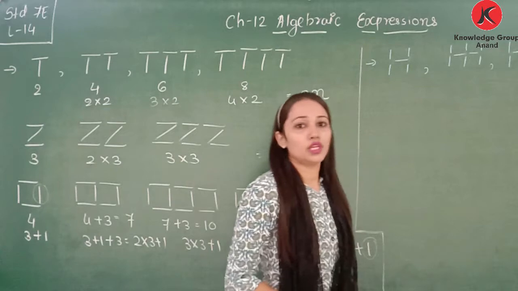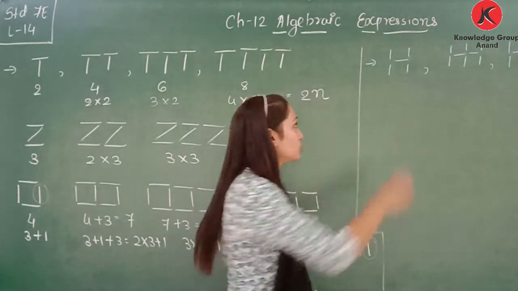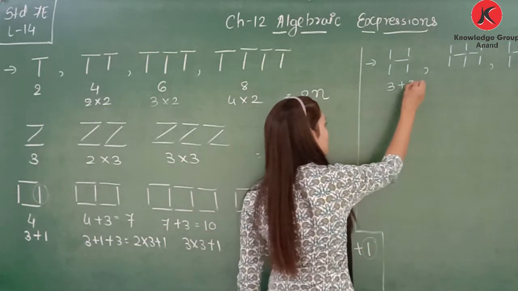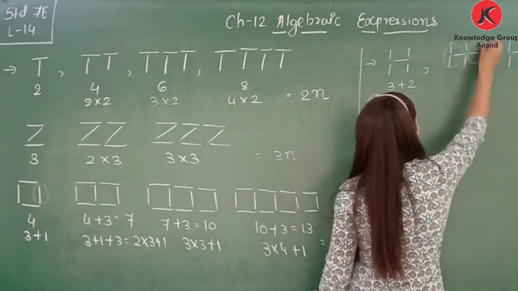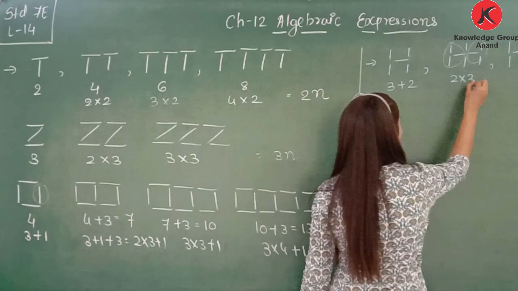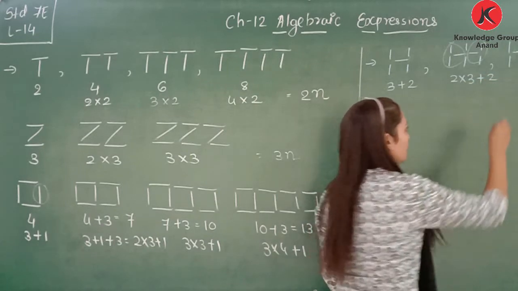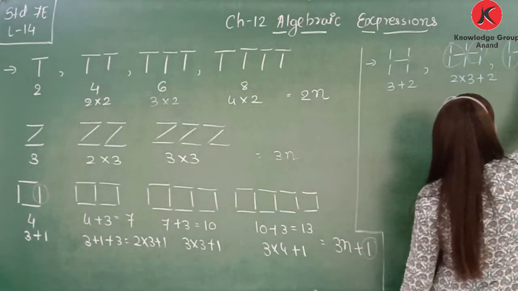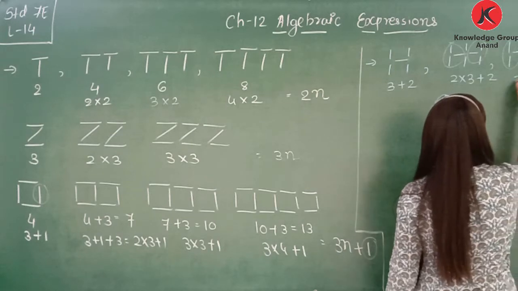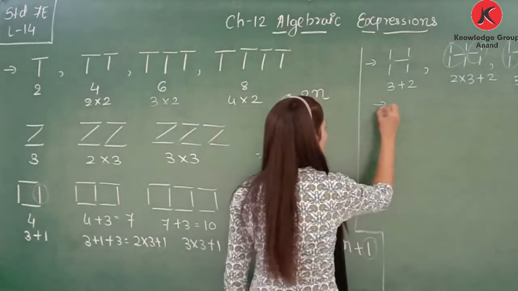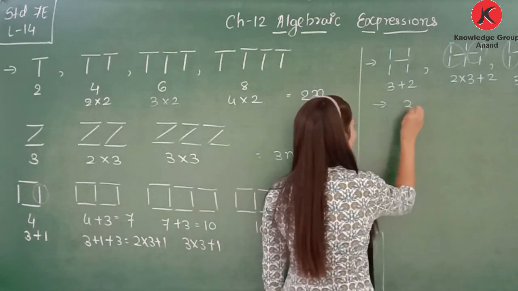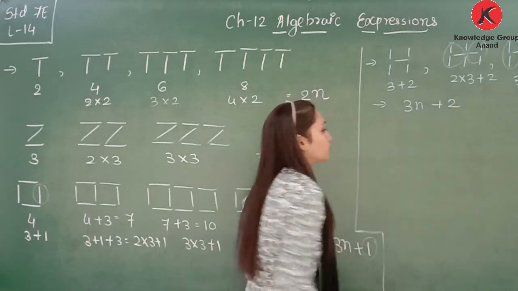Means every time we need to add 3 matchsticks. So this one can be written as 3 plus 2. 2 times 3 plus 2. Now here 3 times 3 plus 2. So what will be the general rule? It is 3n plus 2.